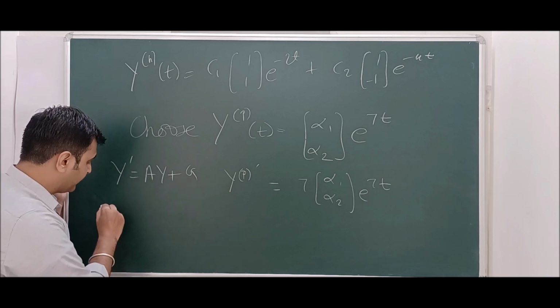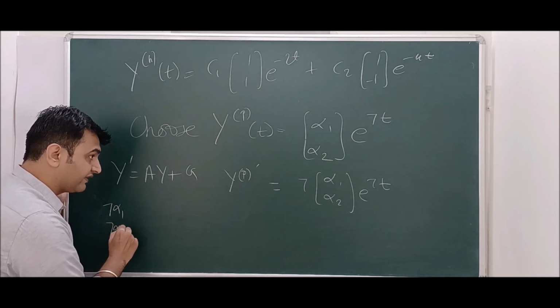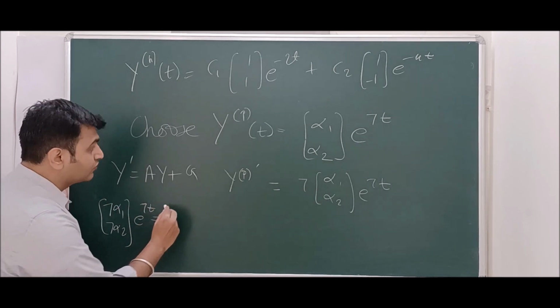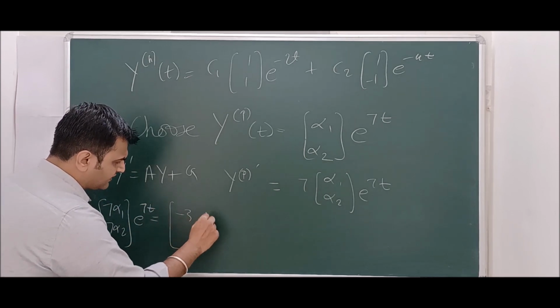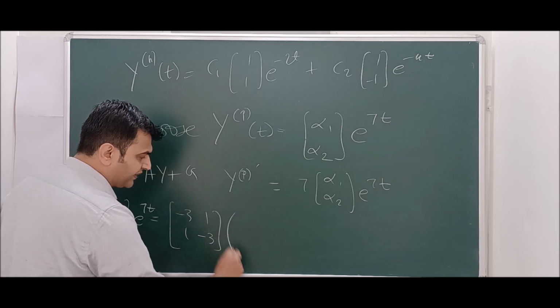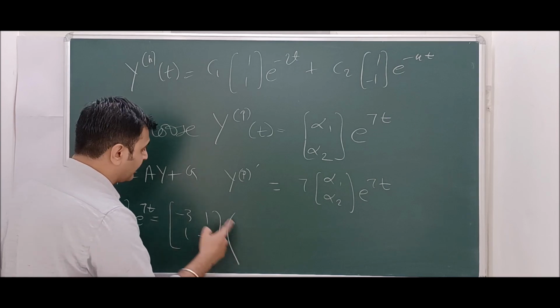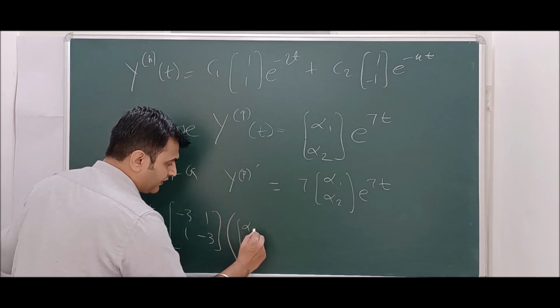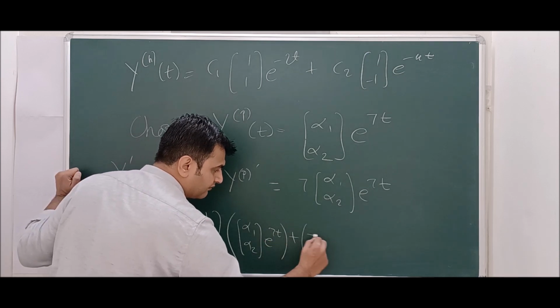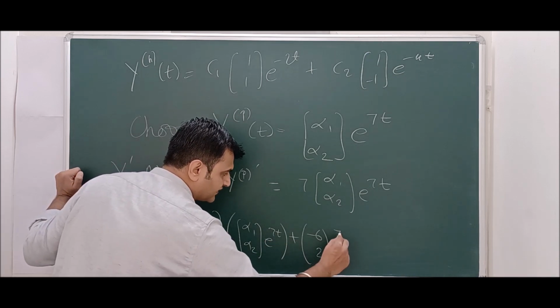What is my YP prime? (7 alpha 1, 7 alpha 2) e raised to 7t equals to what was over A? Minus 3, 1, 1, minus 3 if I am not wrong. And then here you have YP, right? A into capital Y. What is my Y? (Alpha 1, alpha 2) e raised to 7t plus (minus 6, 2) e raised to 7t.